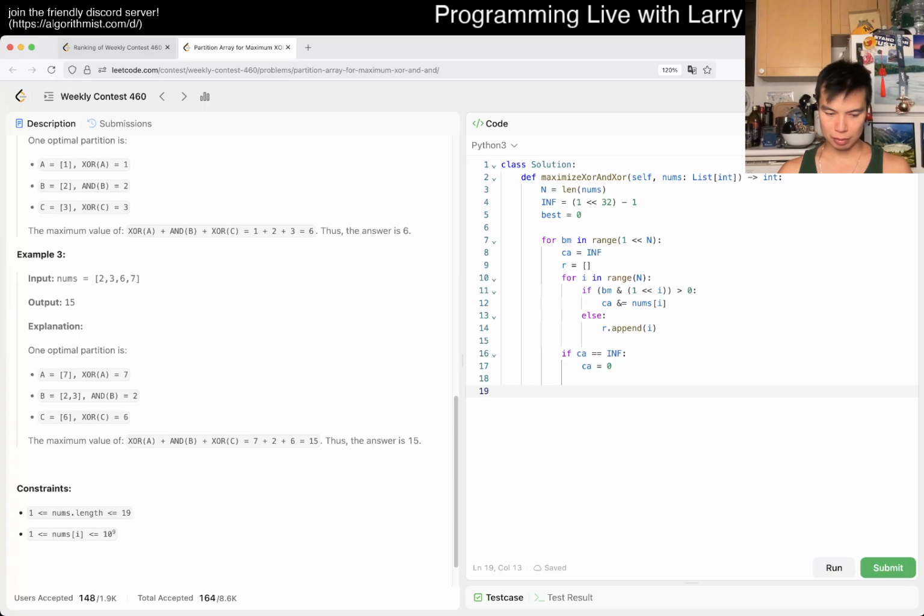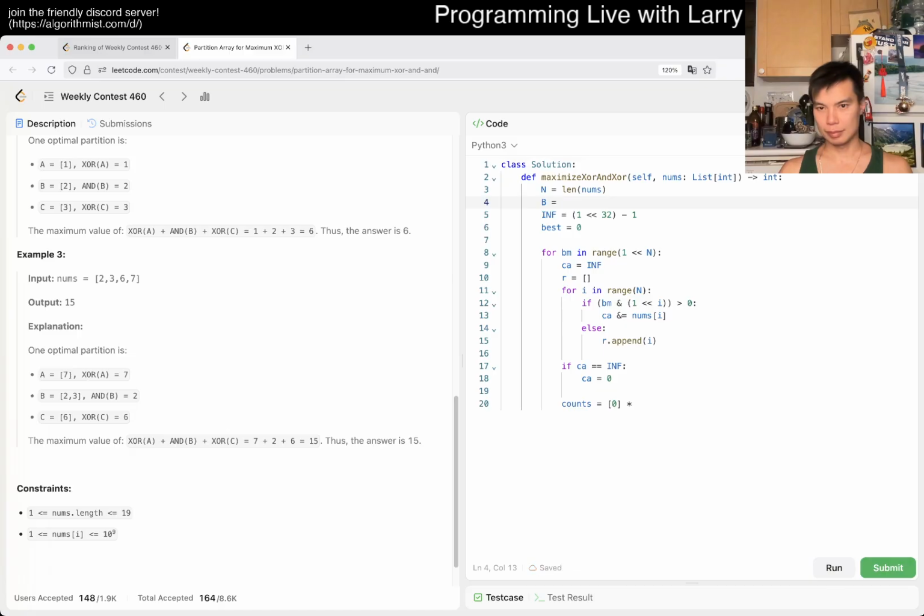Okay, so I guess we do it this way. We don't need R, but it's fine. Maybe we can refactor it later if it matters. But I think correctness should already be good enough.